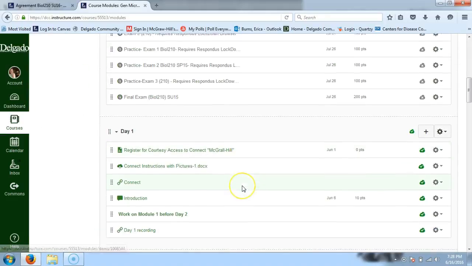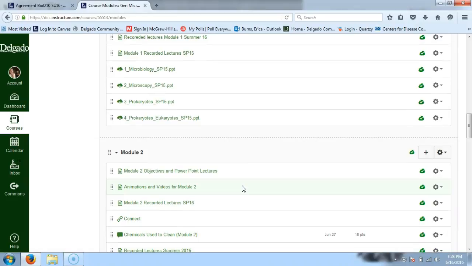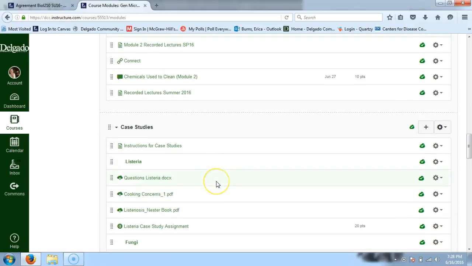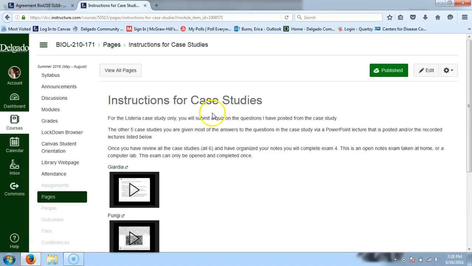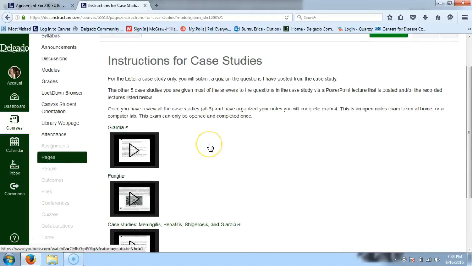So one of the things that you need to do before the end of the course is the case studies. I actually have instructions. I don't know how many people actually read them. But within these instructions, there's 6 case studies. The Listeria one is the only one I basically don't give you the answers to.